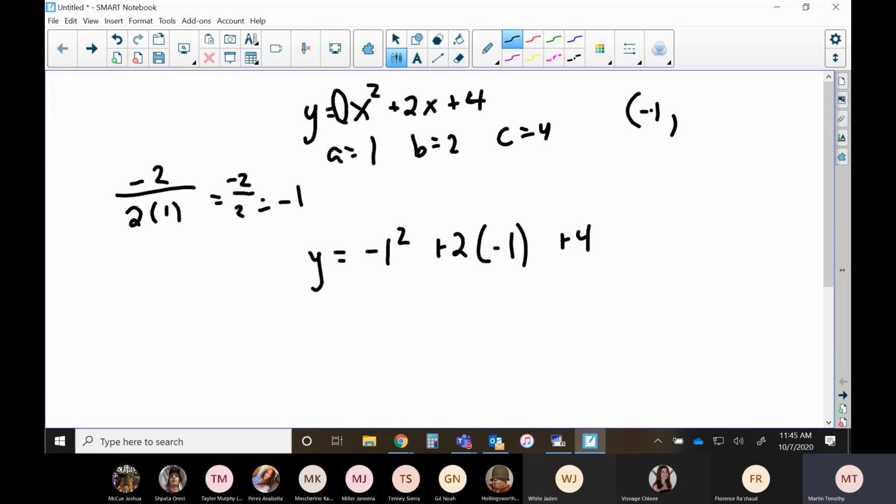And I on purpose did something wrong. We talked about it at the beginning of the year, but I need to make sure we keep remembering it. This is not read as -1 squared. You must put those parentheses, because if I put this in a calculator, what is the calculator going to spit out? Yeah, but what's the wrong answer? No, the calculator will spit out the right answer.